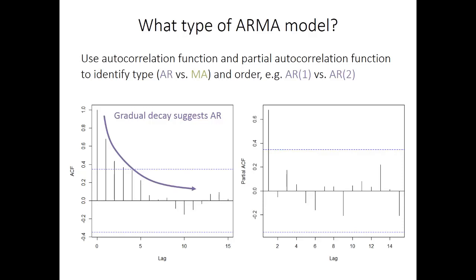In this case it drops off very rapidly, and the only significant partial autocorrelation is at lag 1, which indicates that a first-order autoregressive model is best. AR1 is the way we typically write first-order autoregressive. These AR1 models are likely some of the more common ones you would find, but it's important to investigate this rather than just assuming.